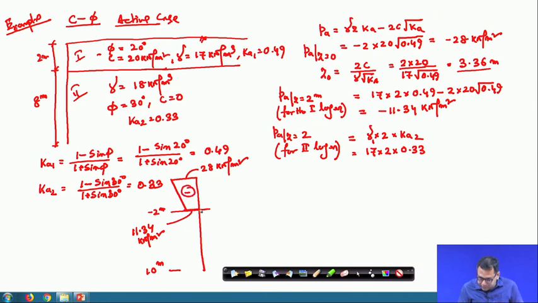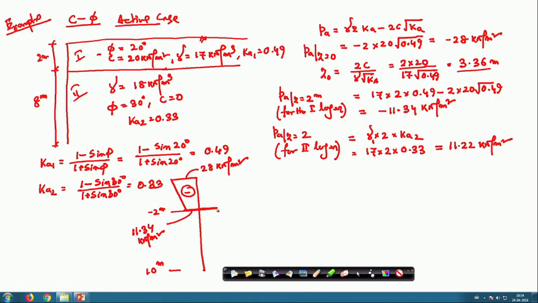Now, for the second layer, it is the sandy soil, and for the second layer this is KA2 into the surcharge coming from the first layer, and the surcharge coming from the first layer is gamma into 2 meter. So, this value is 11.22 kilonewton per meter square, and remember that will be positive stress, because it is only phi soil.